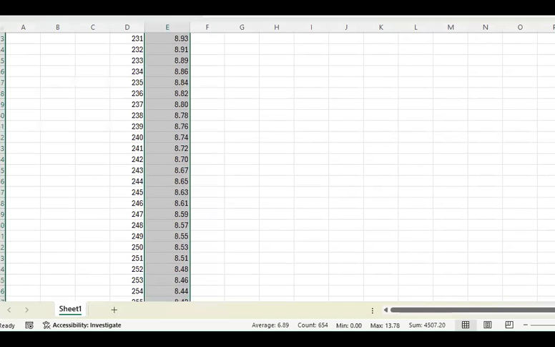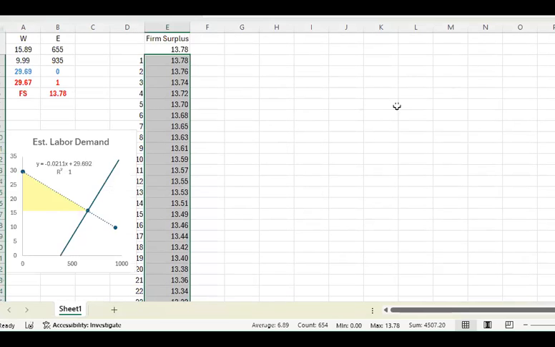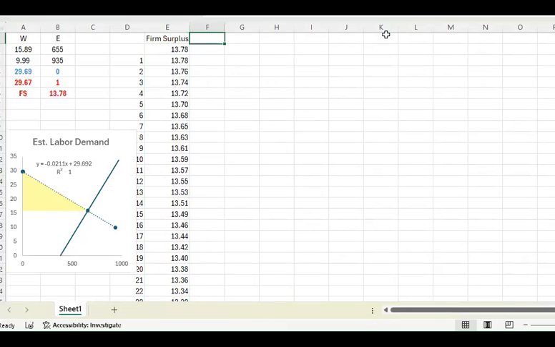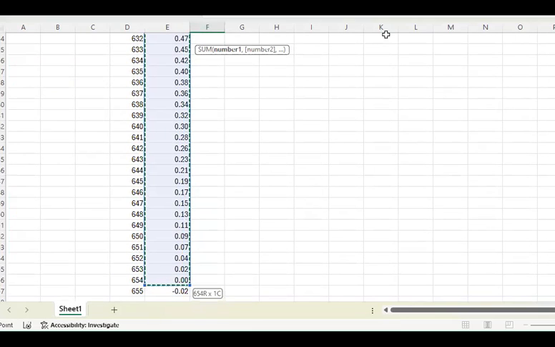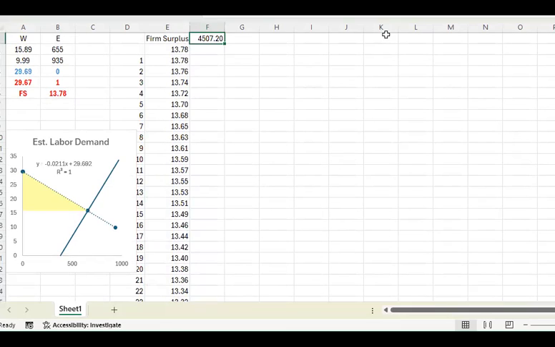Or I can calculate the area of the triangle. So the firm surplus could be the sum of these 650, we'll call it 654, since that one is negative. So the firm surplus is $4,507,020. We can do it that way, or we just calculate the area of the triangle.